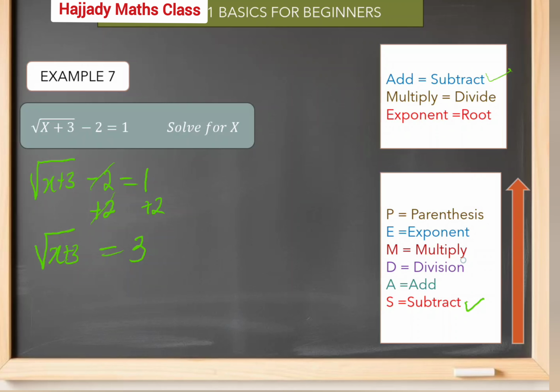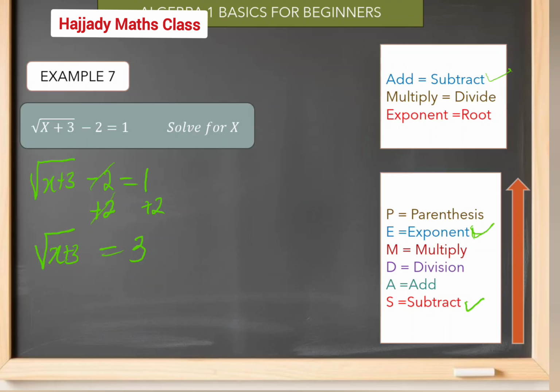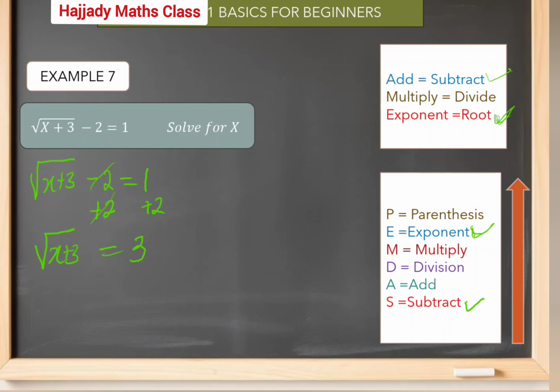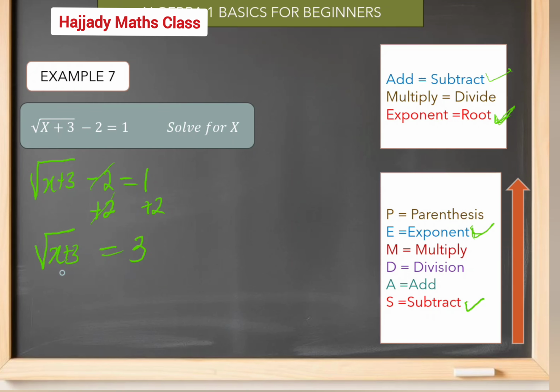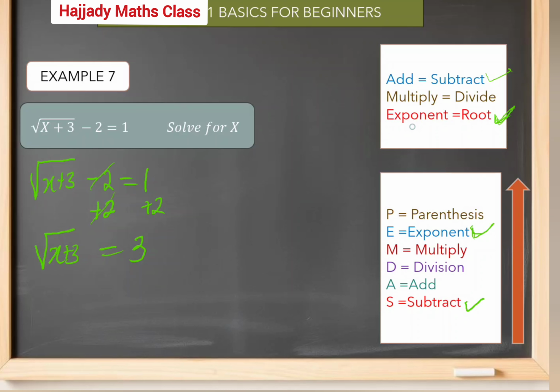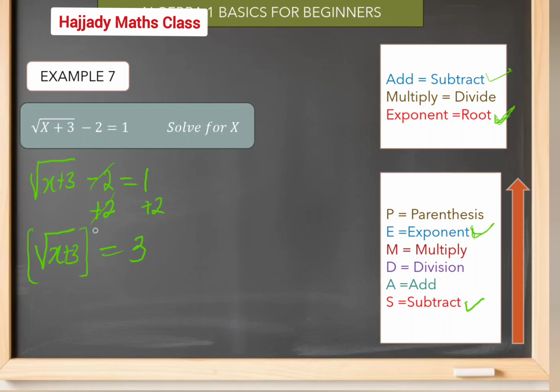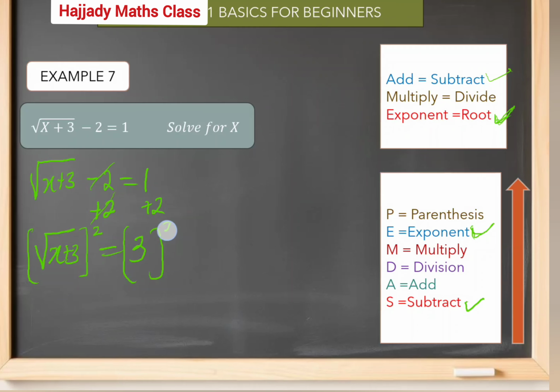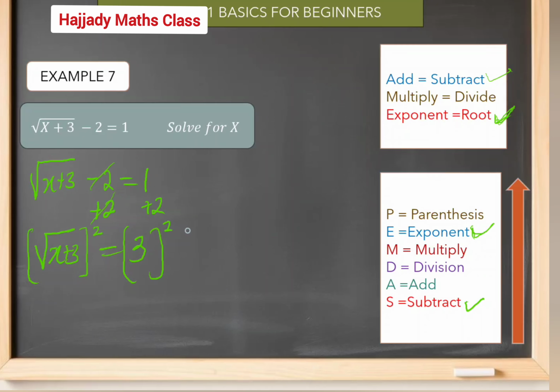Do we have division? No. Multiplication? No. Do we have exponent? Yes, we do. Here we have the roots. What do you do when you have the root? You apply the exponents. So the exponent for the square root is squared. That is, for the square root, you need to square both sides.